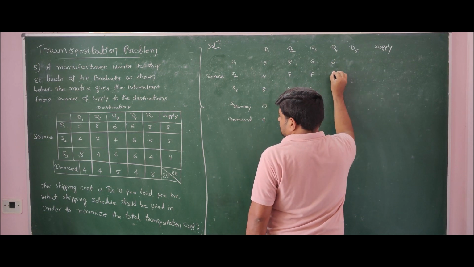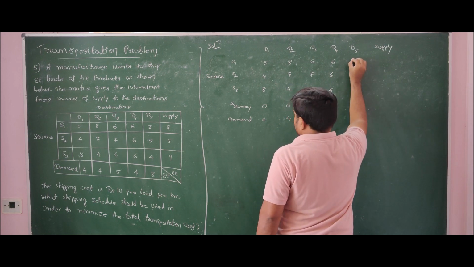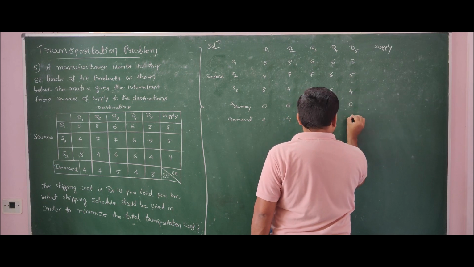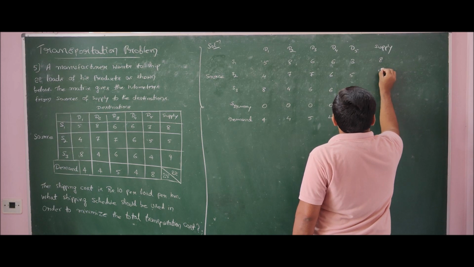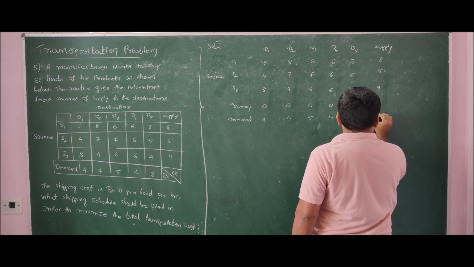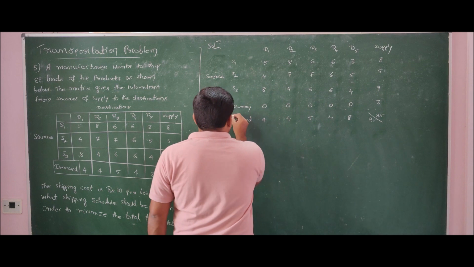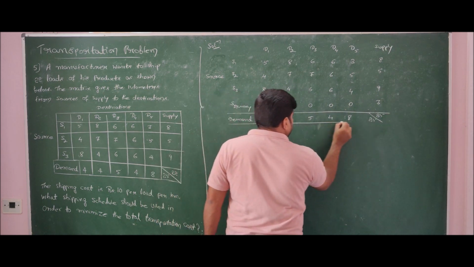We are left with 6, 6, 6, 0 and 4. Finally we have 3, 5, 4, 0 and 8. Coming for supply, 8, 5, 9, add 3 to that, it will become 25. That will be equal to 25. So this is the balanced transportation problem.